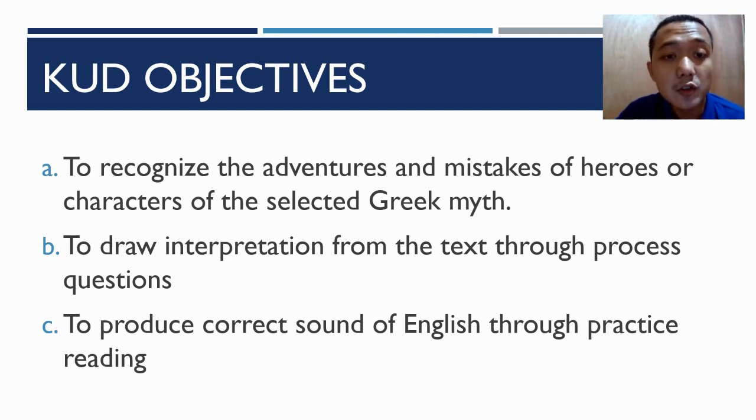Number 1, to recognize the adventures and mistakes of heroes or characters of the selected Greek myth. The second one is to draw interpretation from the text through process questions. And the third one is to produce correct sound of English through practice reading. So these are our KUD objectives. Hopefully we would be able to accomplish all of this.